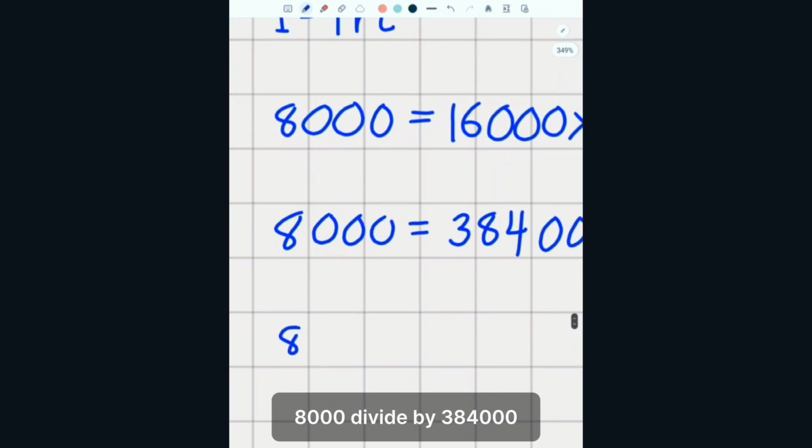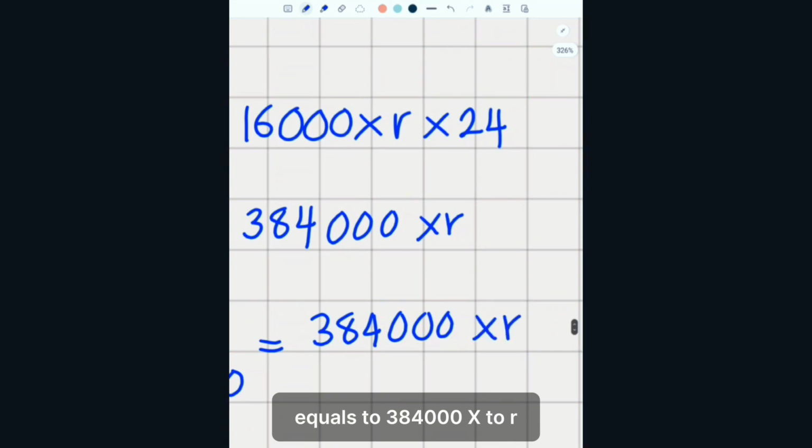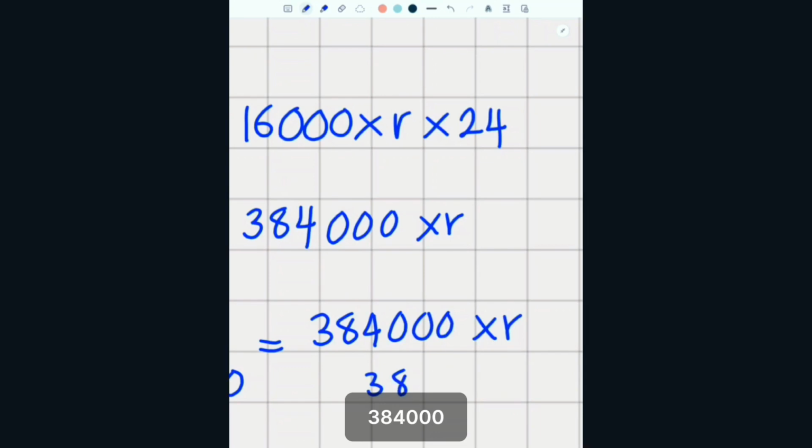So 8,000 divided by 384,000 equals 384,000 times R divided by 384,000.